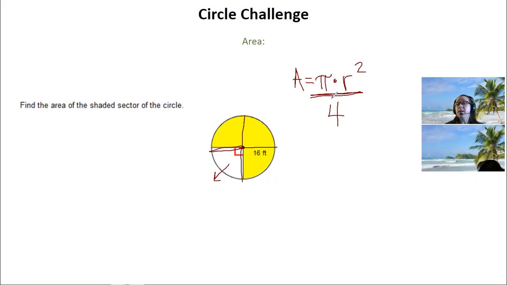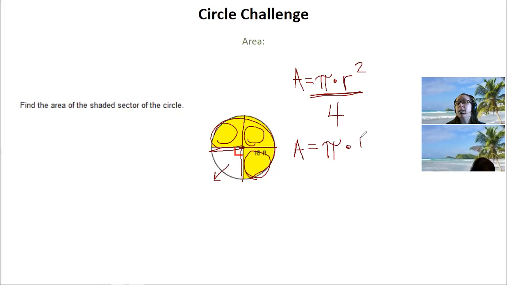So if I find my area and split it into fourths, that's going to tell me the area of each little section. And then if I want the area of all 3 sections, we got to think about what we would multiply that by. So let's do it. Let's go pi times 16 squared divided by 4. And now we can type right into Desmos.